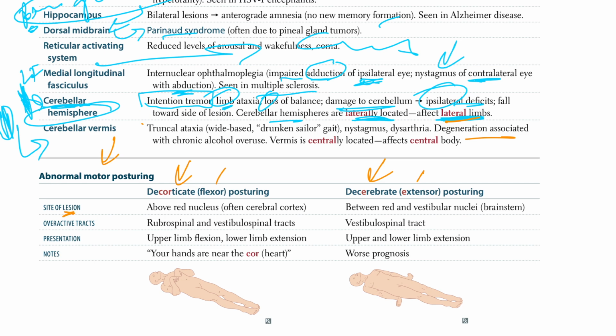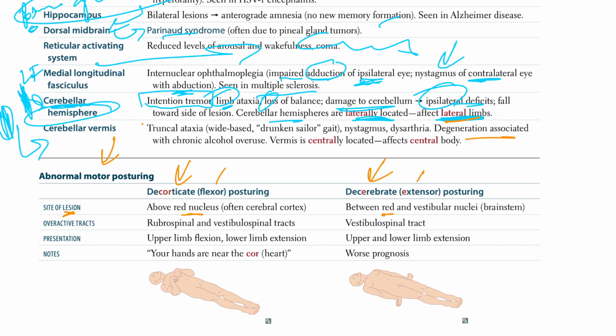It is above the red nucleus. In the decerebrate, it is between the red nucleus and the vestibular nuclei in the brain stem. So the way you're going to remember this is by site of lesion. Let's look at the whole thing, and we will talk about how we can remember this.